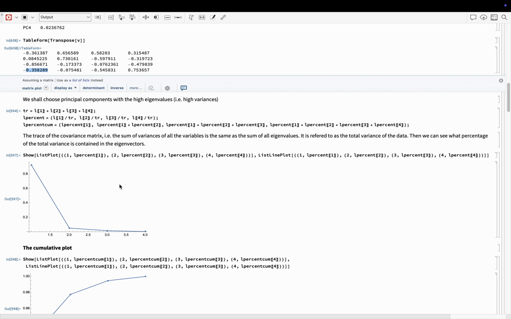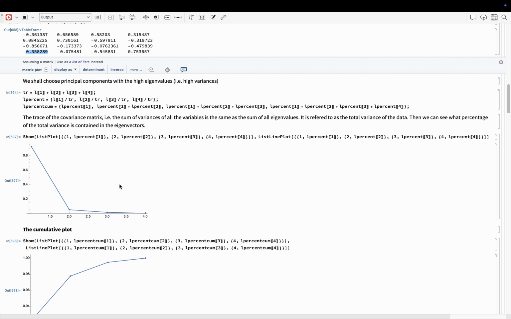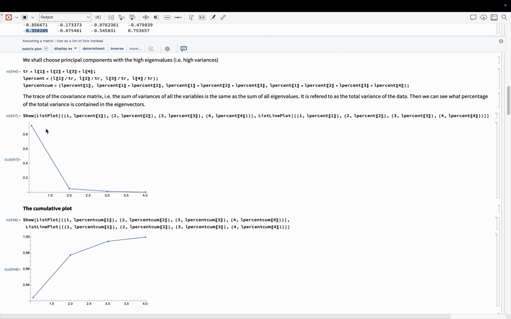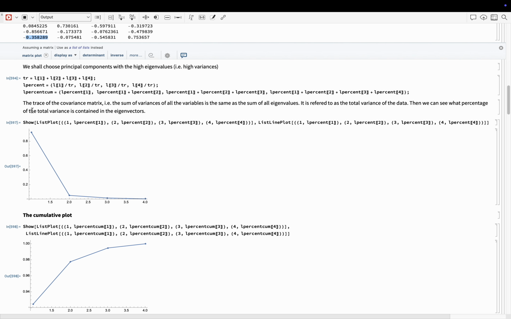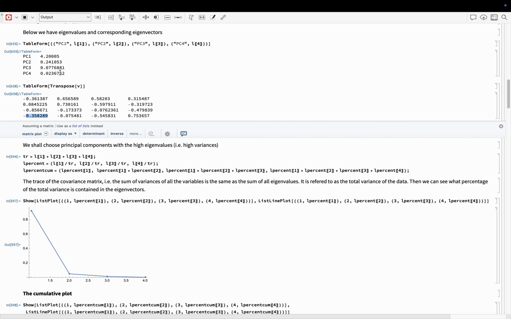Okay, so now we choose our principal components for the rest of our analysis, and this can be done in the following way. Let us look at the plot of the eigenvalues, calculated as the percentage of the trace. So for each eigenvalue, I check what percentage of the total variance it contains.